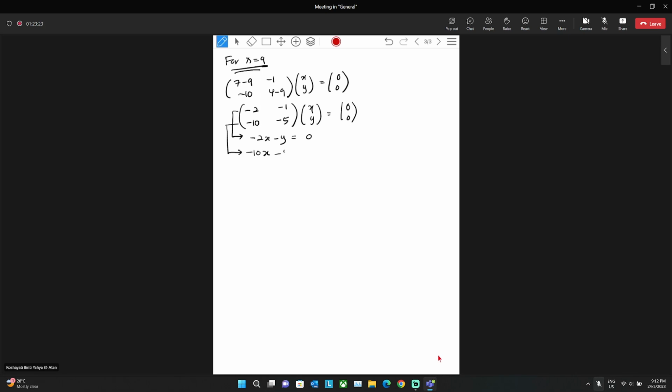So from this, let y equal to s. Okay. Y equal to s.